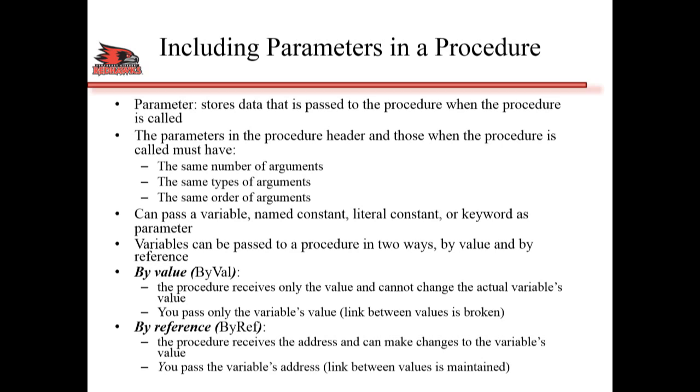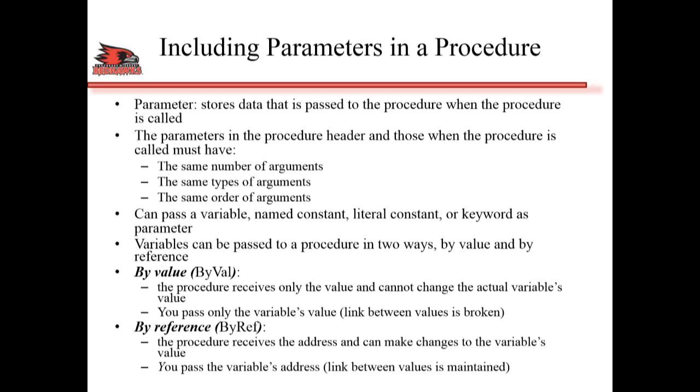So you need to be careful that when you're calling a procedure which requires some parameters, you put the data in a specific order, in a specific data type, and with a specific number. We'll get very soon into examples of what I'm trying to say, but before that I need to talk a little more about how to pass arguments to procedure parameters.